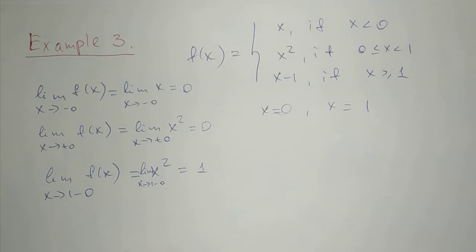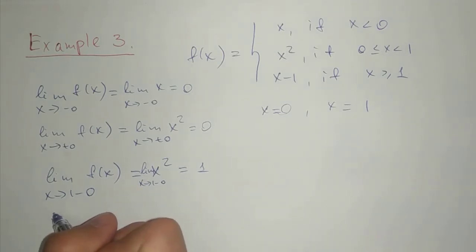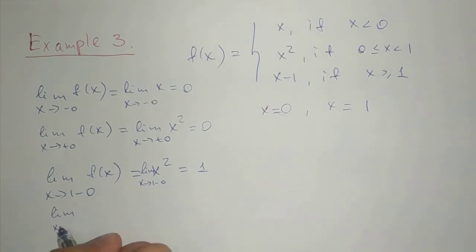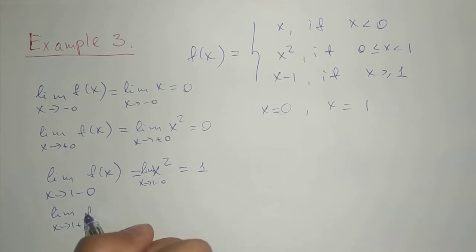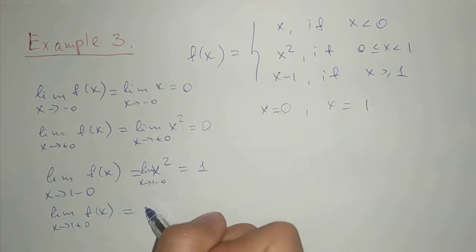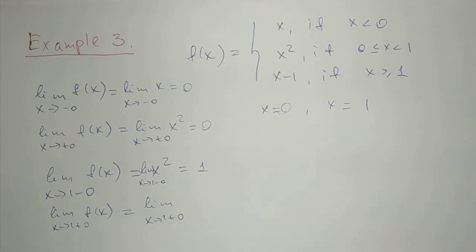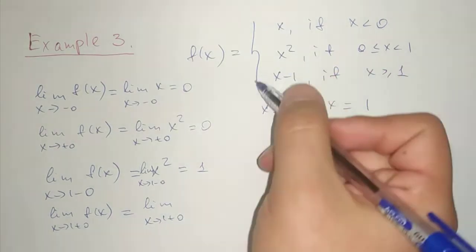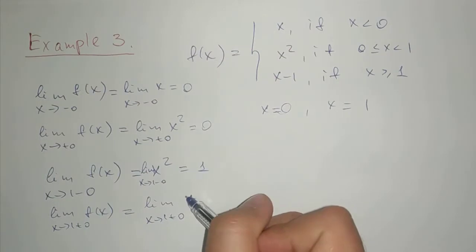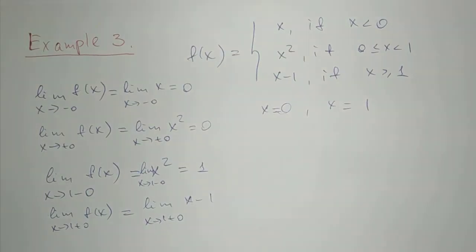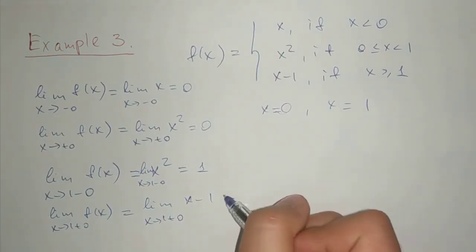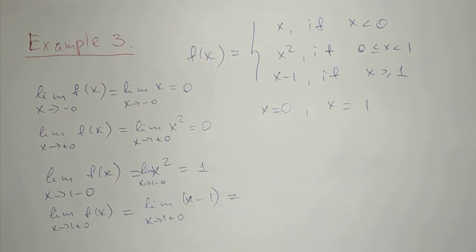And now let's consider the right side limit. The limit as x tends to 1 plus 0: on the right side of 1, it is x minus 1. So the answer is just 0.